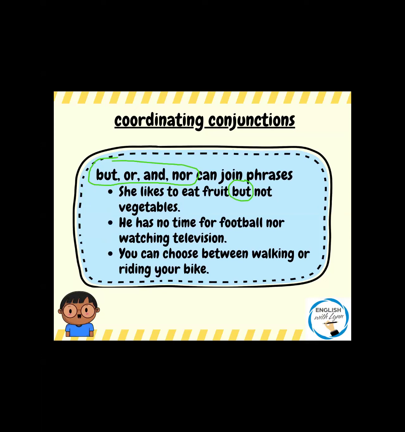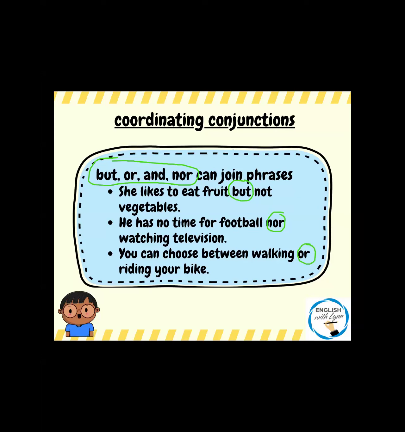And he has no time for television nor football, so he doesn't do either. You can choose between walking or riding your bike. And you could use and, for example, you can go to the park and ride your bike, where you are giving 2 things, you would use the and together.